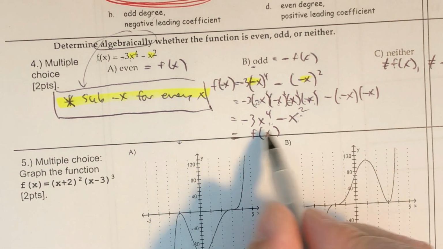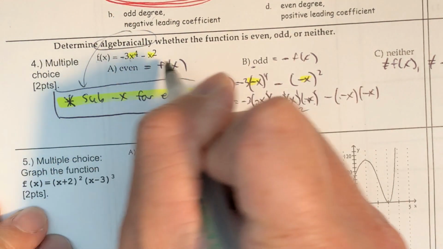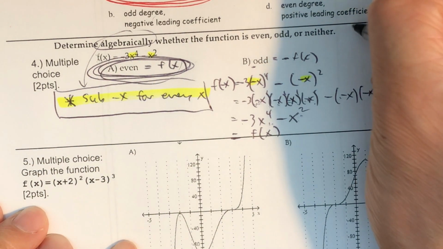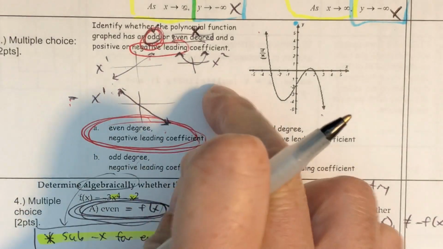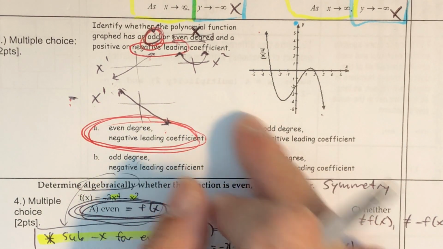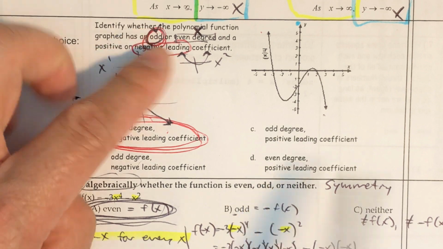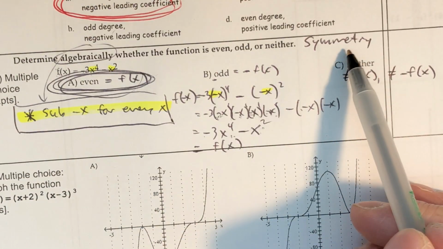This is proving it's the original problem, so the answer is even in this one. Now, the big idea for determining, this is called a symmetry problem. And this one is a degree problem, okay? Totally different. Why? Because even though they have the same words, even and odd, they're 2 different concepts. This one is talking about where it is reflected over.